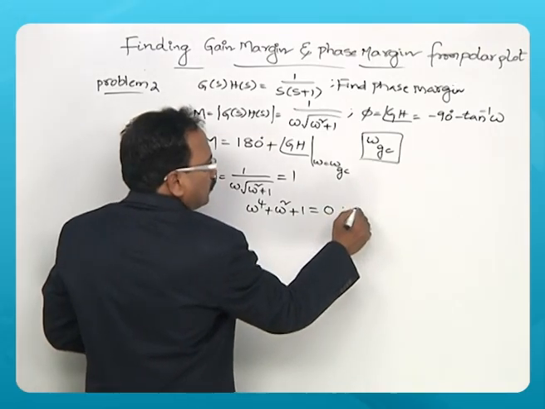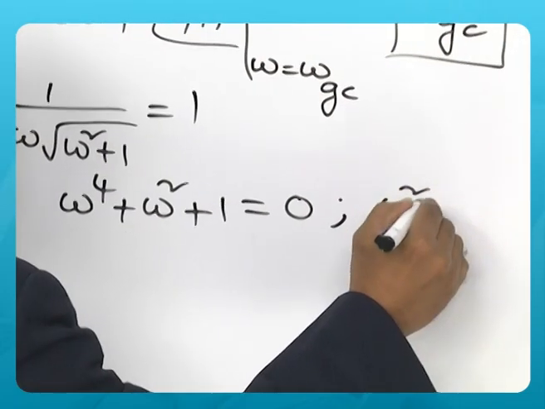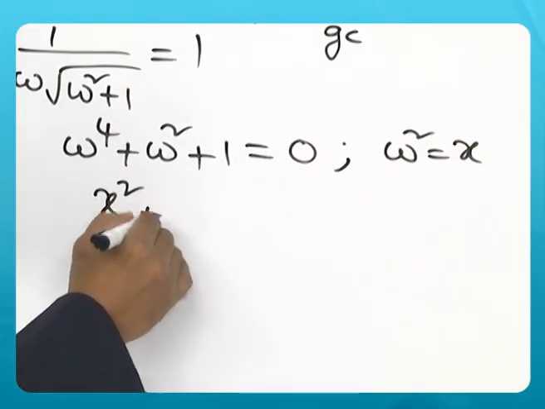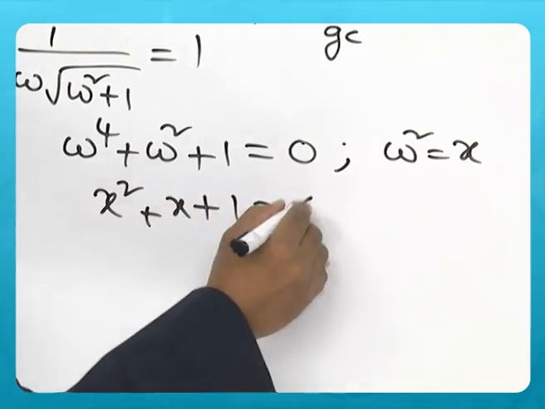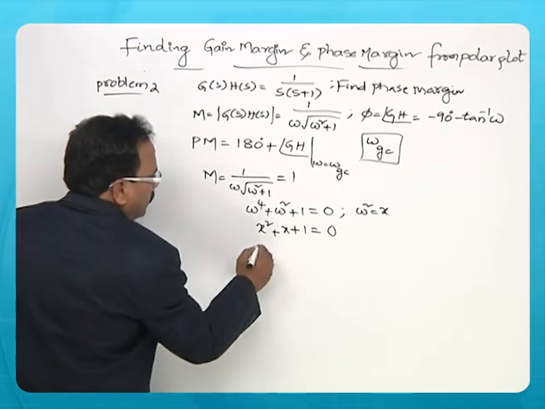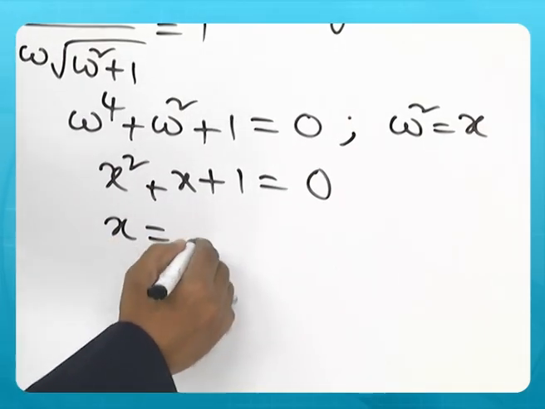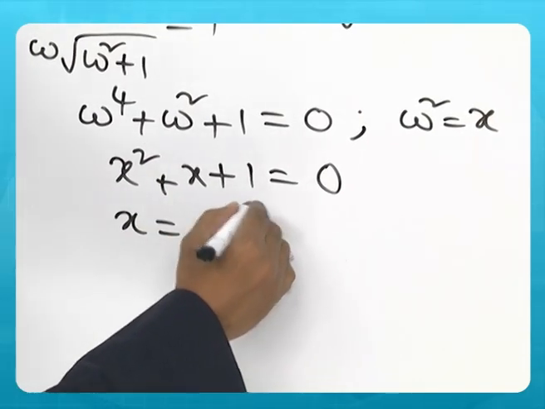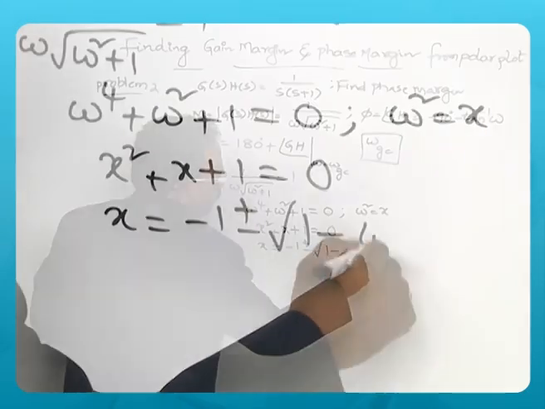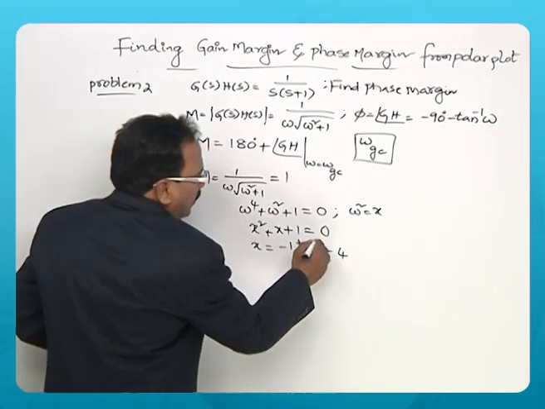Now, just assume that omega square is equal to x, then it is x square plus x minus 1 equal to 0. And if you solve for x, it is minus b plus or minus under root of b square minus 4ac by 2a.